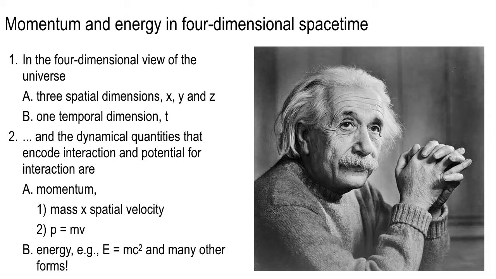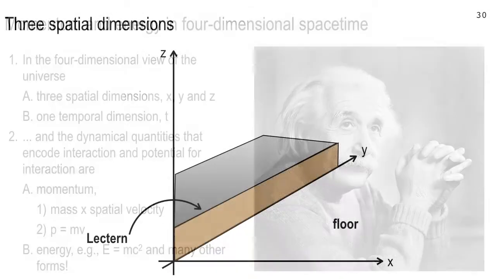An example of an energy equation is E equals mc squared. And in this chapter, we're going to develop kinetic and also potential energy, and those would go into this four-dimensional dynamical description that Einstein developed.